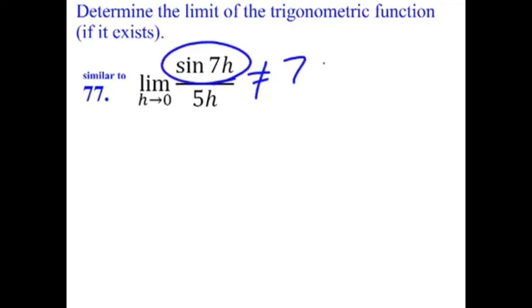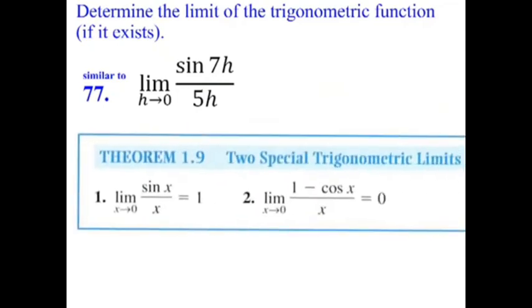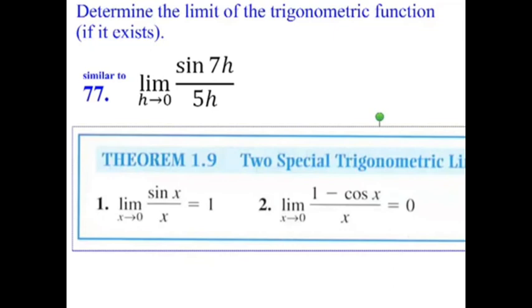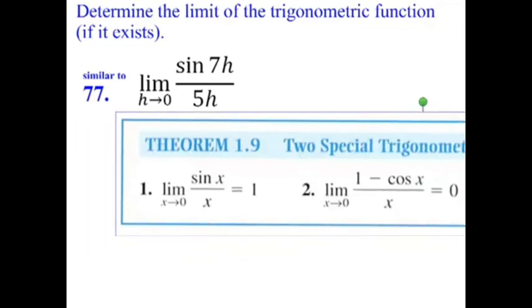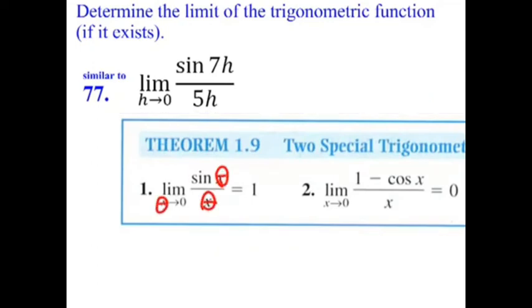First, if I put, this is not equal to 7 sin h, that is very much evident. So, now theorem, we have only two theorems, that is limit x tends to 0 sin x by x equals to 1 and limit x tends to 0 1 minus cos x divided by x is also equal to 1, right? So, what we will do is, look at this, these three things must be same.